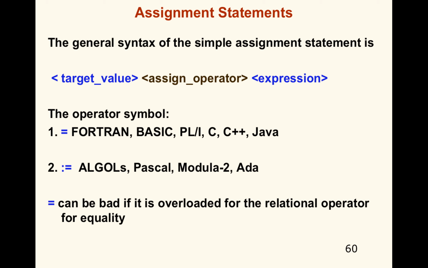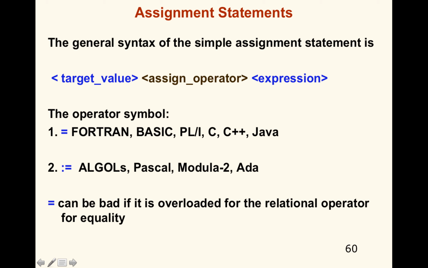The typical symbols, and this is where we get to see that C++ and Java actually came from Fortran, which uses the single equals. Pascal does the colon equals. Algol does it. Modula and Ada do the colon equals. And then the equals can be bad if it's overloaded for the relational operation of equality. People do that in C actually because they don't like the double equals.